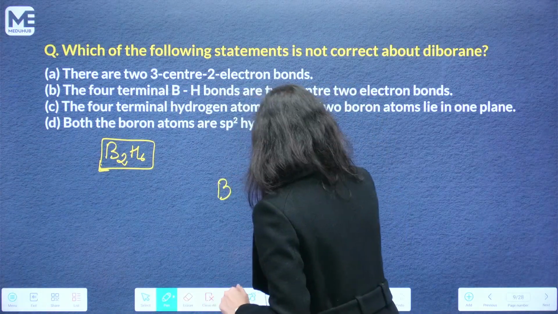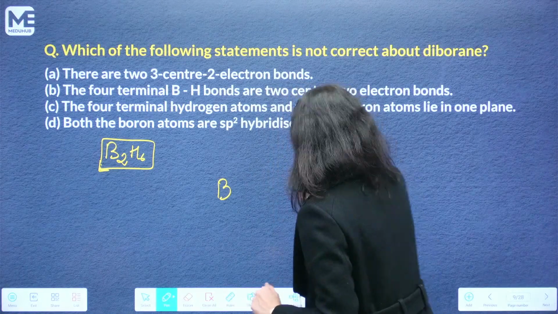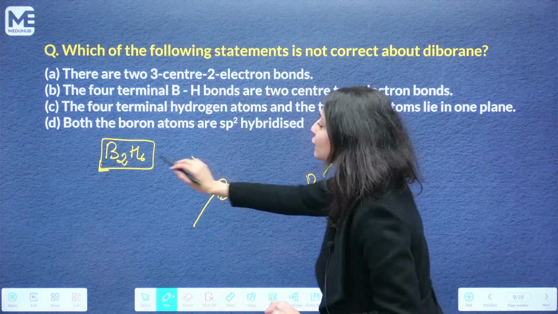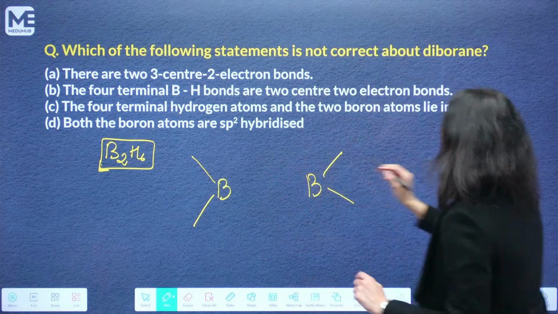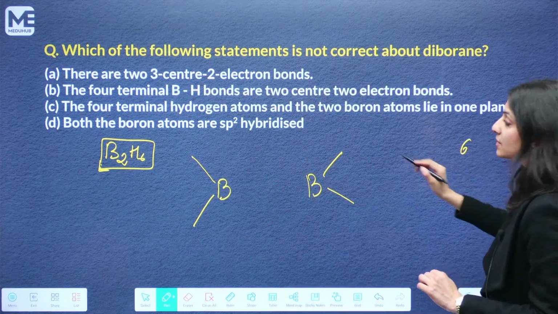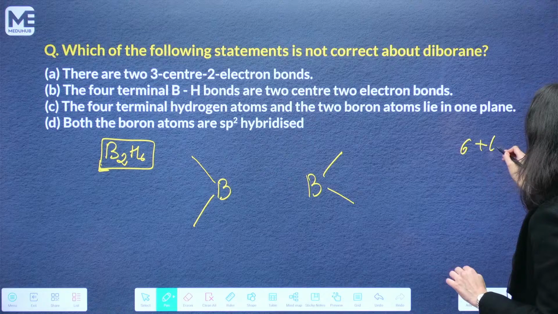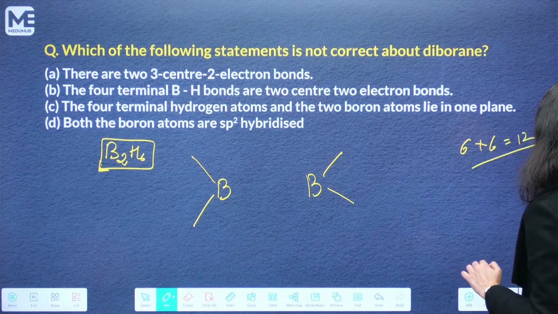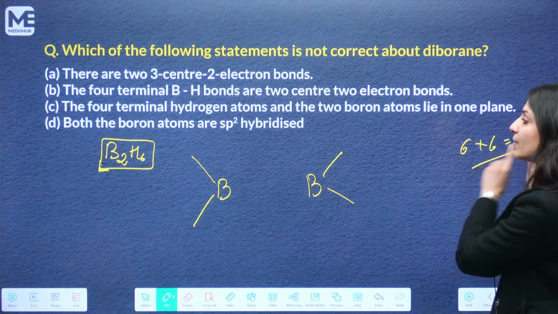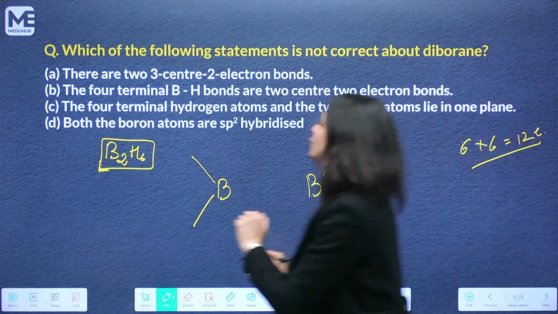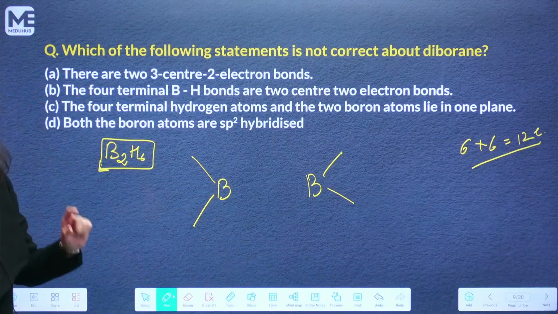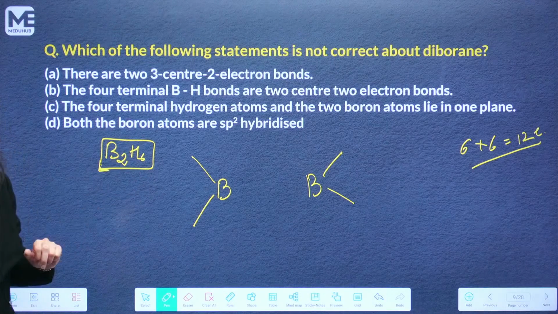So what happens? We have 2 borons and 6 hydrogens. 2 borons will give us 6 electrons, and 6 hydrogens give us 6 electrons, giving 12 valence electrons in all. These 12 valence electrons are not sufficient to form all the bonds required. That means it is again an electron deficient molecule.